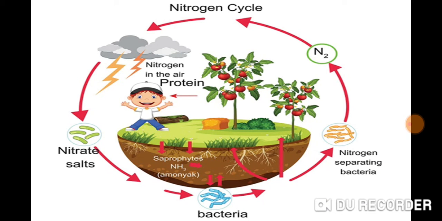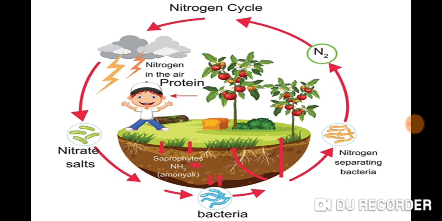This is a simpler diagram of the nitrogen cycle, in which bacteria do all the work at the bottom. The nitrogen denitrifying bacteria are on the right side, and those bacteria transfer nitrogen into the air, and nitrogen cycling takes place.